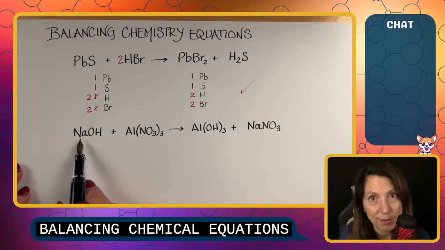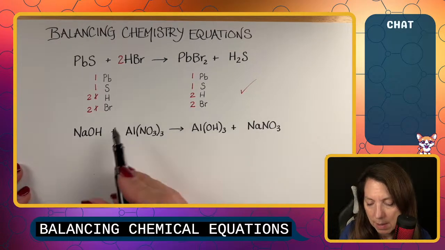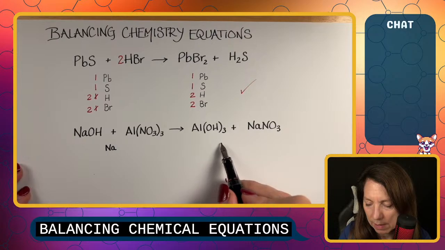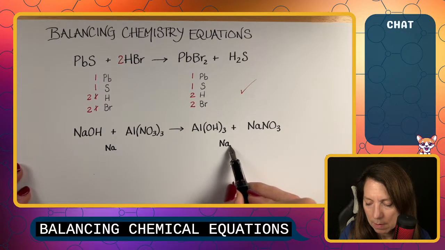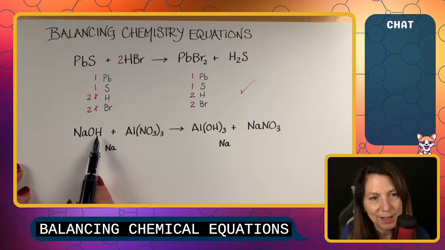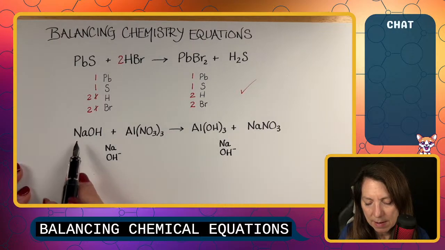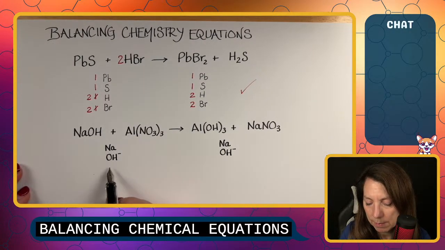So let's go down our list as we did before, where we're listing, in this case, the elements. We'll do that with sodium. That's on both sides. But now I am going to include, we're going to try this, see how this works. And then what else do we have? We have aluminum.